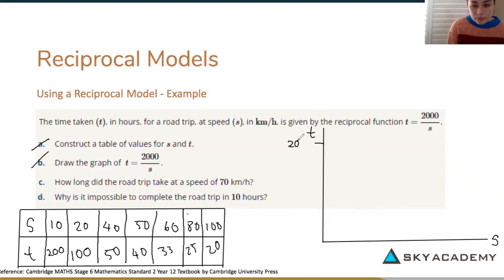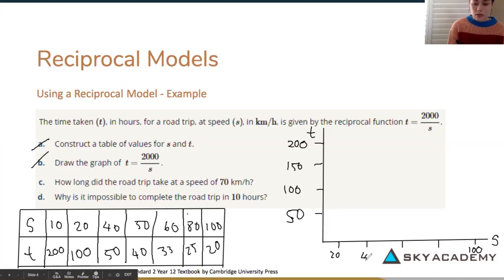So that would be 150, 100, and then 50. For S, I have to go up to 100. So I'm just going to go up by 20. So 20, 40, 60, 80, 100.